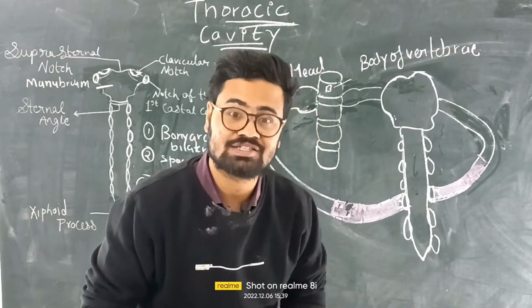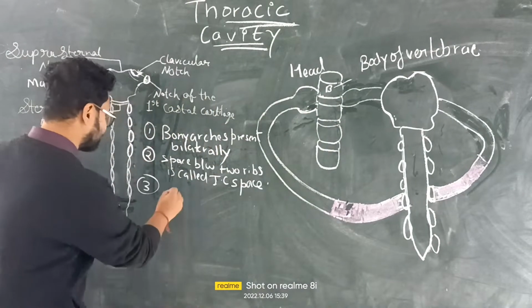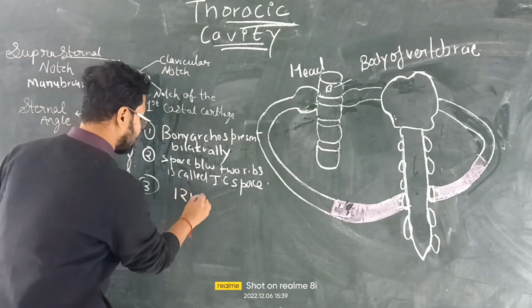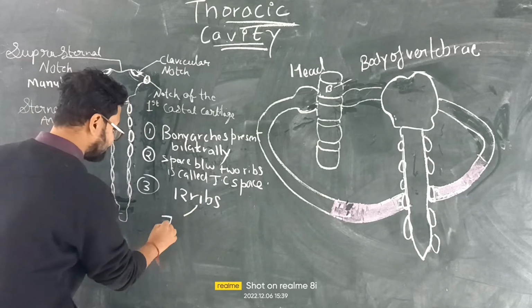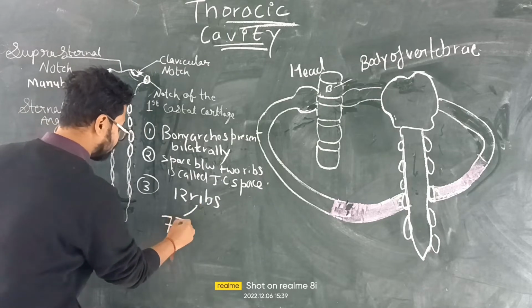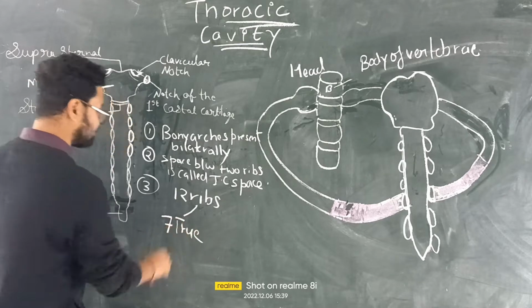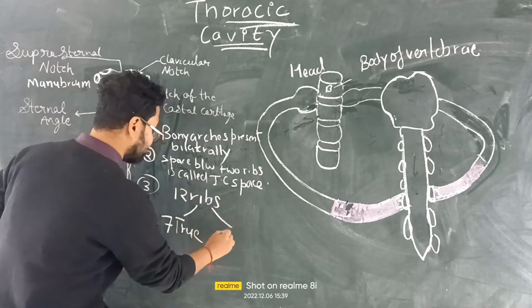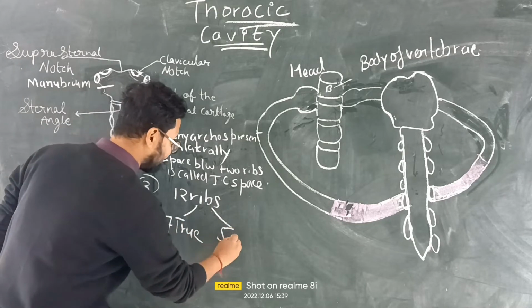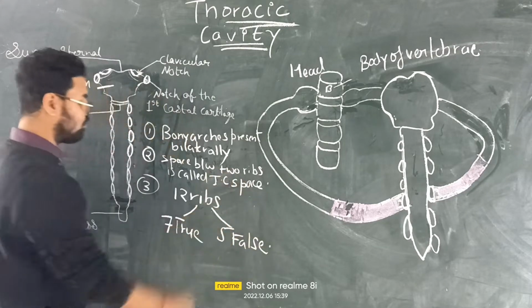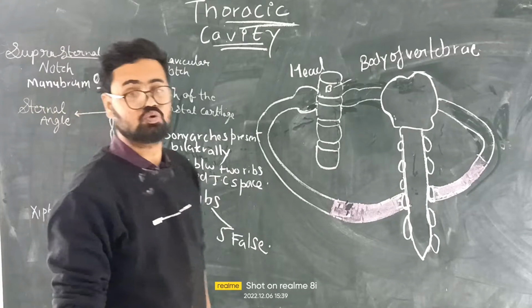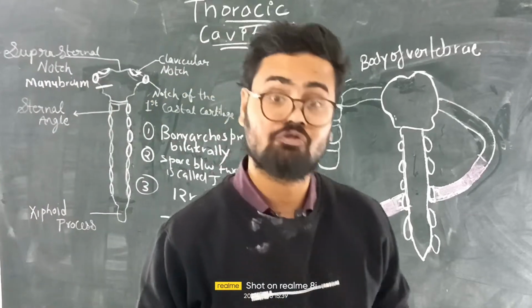Out of which 7 ribs are true ribs, and 5 ribs are false ribs.